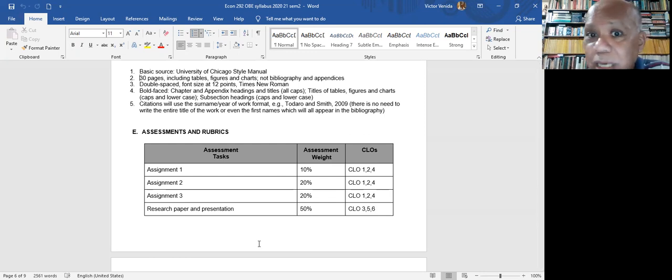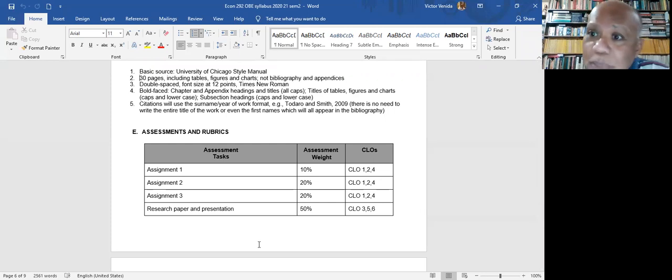Then you have subsection headings, caps and lowercase. So you have review of literature, on chapter 2 review. Then A, policy issues. B, theoretical issues. C, methodological issues. Those are the only subsection headings. Do not add any more. Okay.